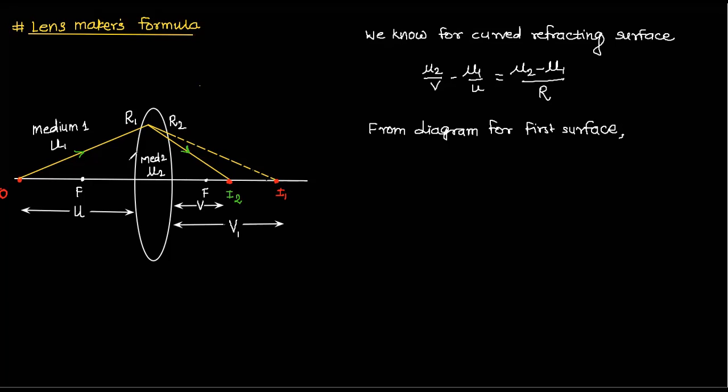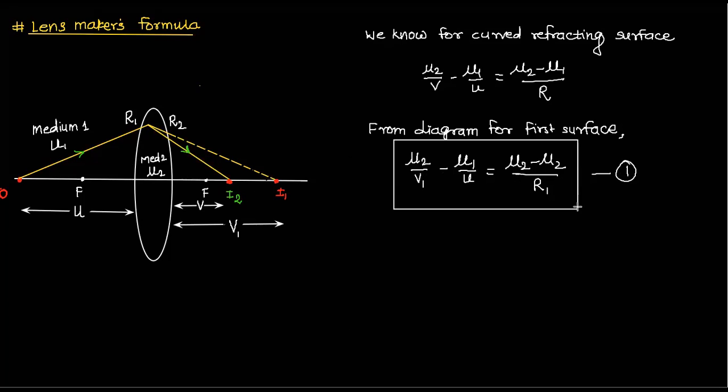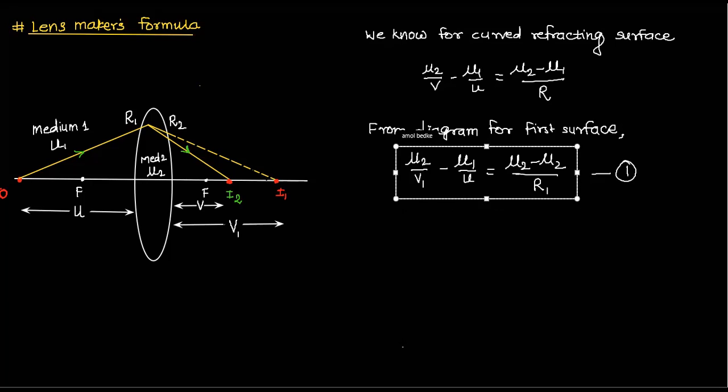We are taking first how the image is getting formed because of this first refracting surface. That's why I have noted this with I1 and its distance is v1. So therefore, you will get mu2 by v1 minus mu1 by u is equal to mu2 minus mu1 divided by r1, because it is for first refracting surface. So let's call this equation number 1. Got it? Okay, understood.